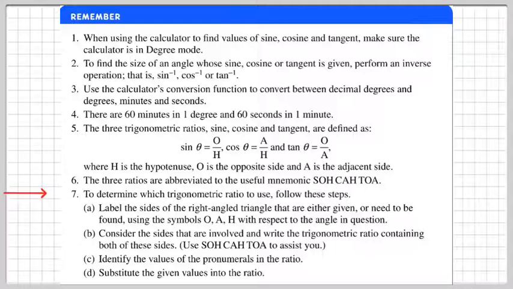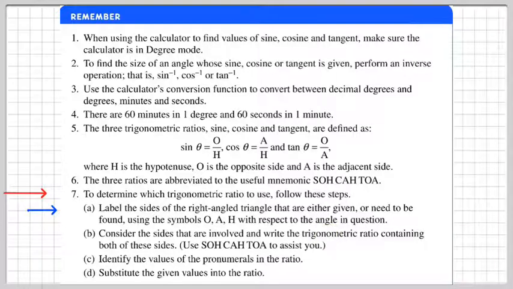And to determine which trig ratio to use, follow these steps. First of all, label the sides of the right angle triangle that are either given or need to be found using the symbols O, A or H, that is opposite, adjacent or hypotenuse, with respect to the angle in question, because the hypotenuse is always the same, but the opposite and the adjacent depend on the angle you're using.